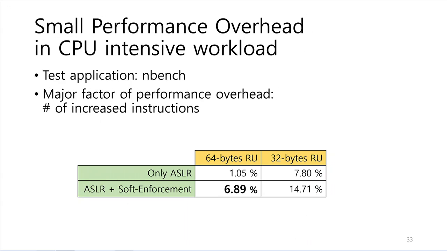And here I want to emphasize that in the future, when Intel introduces the next version of SGX, it will provide dynamic permission change. So we can just eliminate the software-based permission enforcement. So the performance overhead will be around 1% in that case.